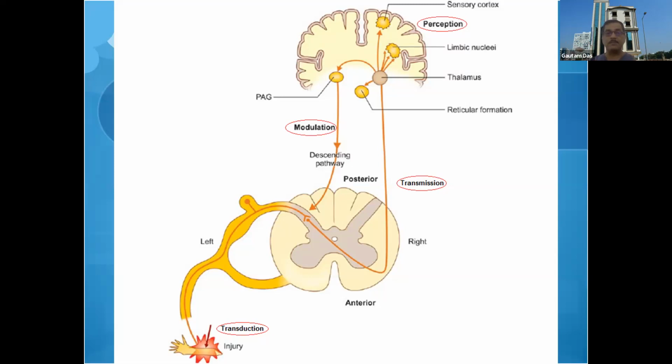So what are the examples? GABA and glycine are two very important inhibitory neurotransmitters. When these inhibitory neurotransmitters are released and the pain is reduced, this mechanism is called segmental inhibition of pain. And the last one in modulation is your endogenous chemicals, endogenous opioids and also cannabinoids.